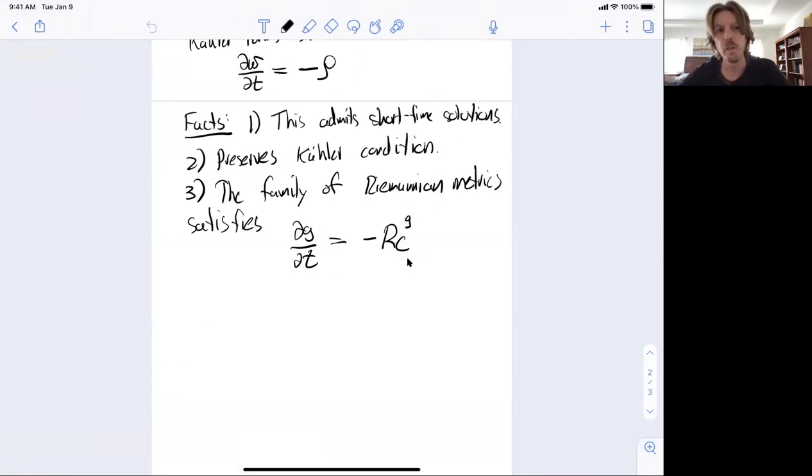Although, having said that, people do argue the way you say, but you have to use cutoff functions. It's more trouble than it's worth maybe for compact manifolds, because you can just quote the theory for compact manifolds, but people do what you're saying when they want to understand the flow on complete manifolds.